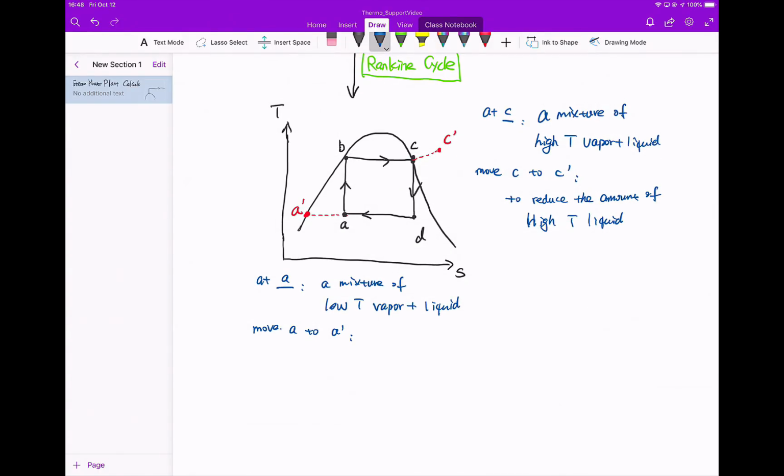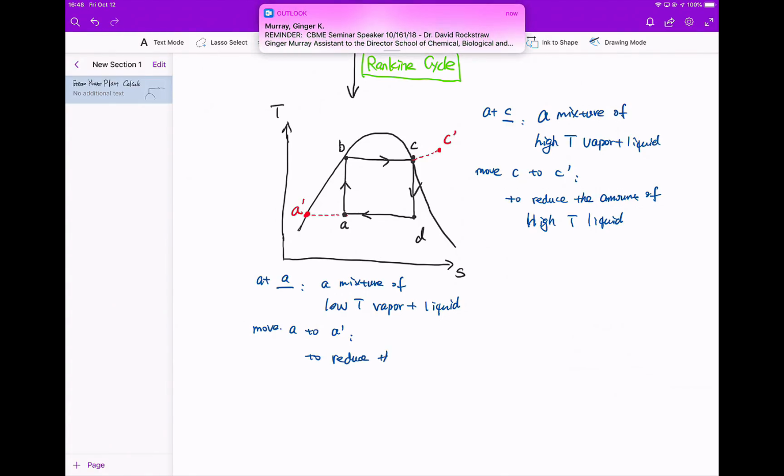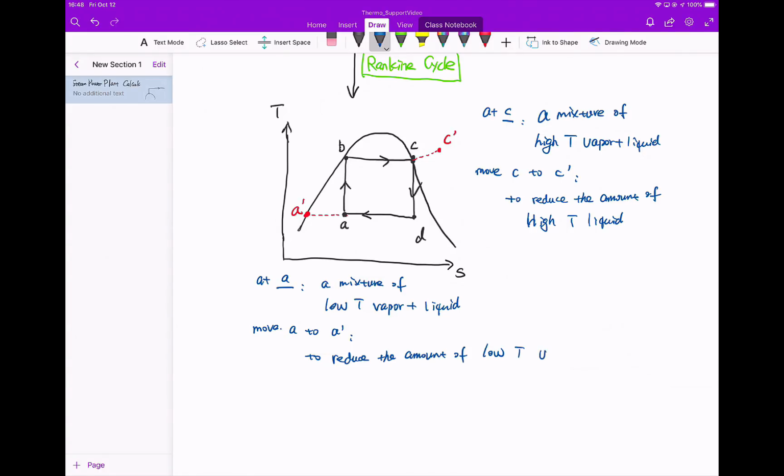We are trying to reduce the amount of low temperature vapor. So you see we are trying to get rid of vapor over here, trying to get rid of some liquid over there.